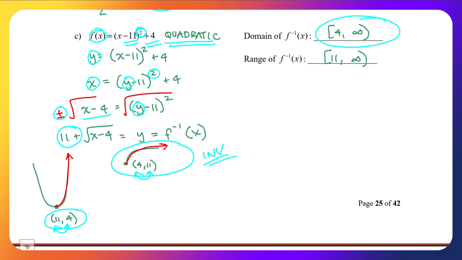It starts at 4 and goes to the right, the domain of the inverse. And the range of the inverse starts at 11 and goes up. Or, if you want to look at the original function, where the domain is 11 to infinity and the range is 4 to infinity, you just switch them. Whatever is easiest for you.